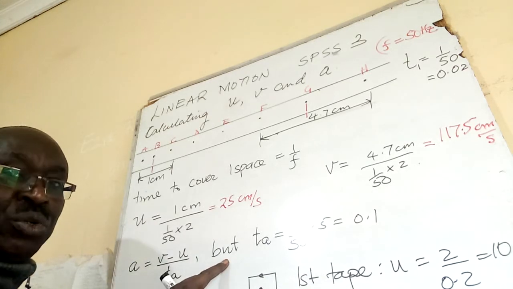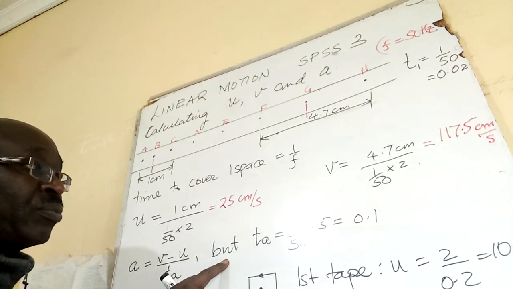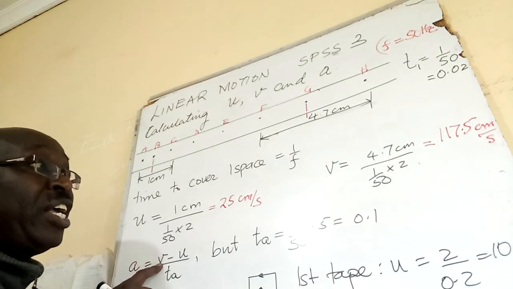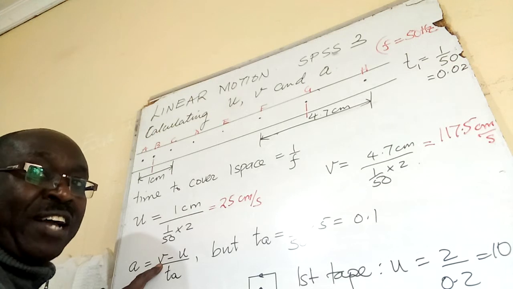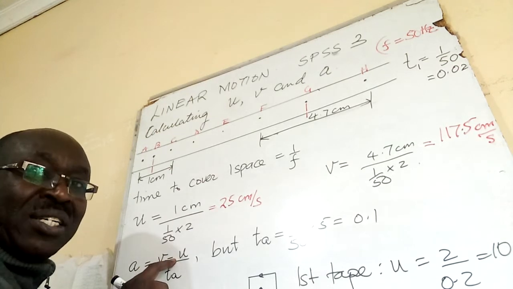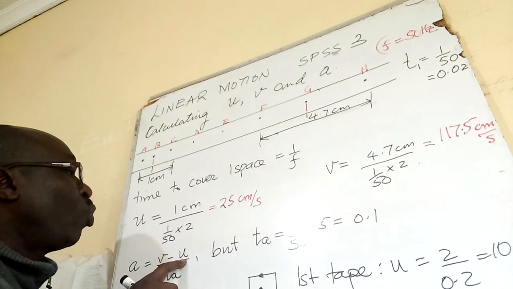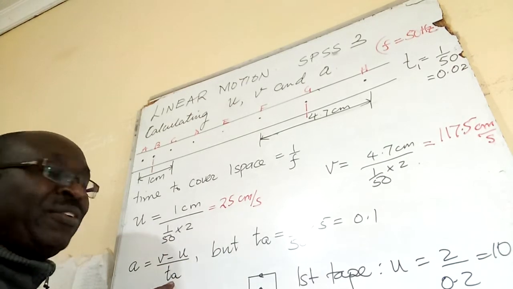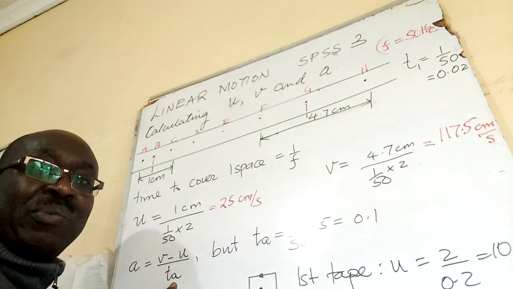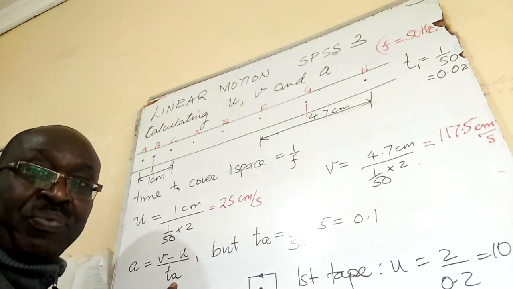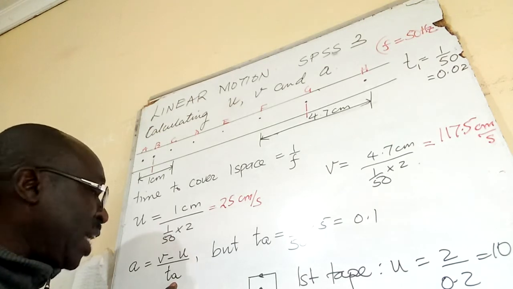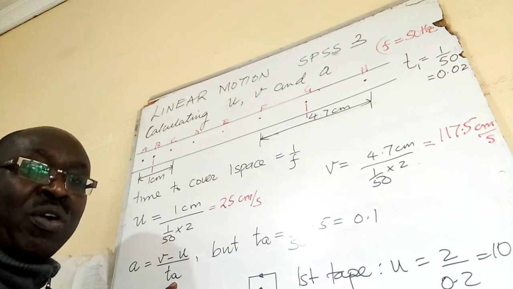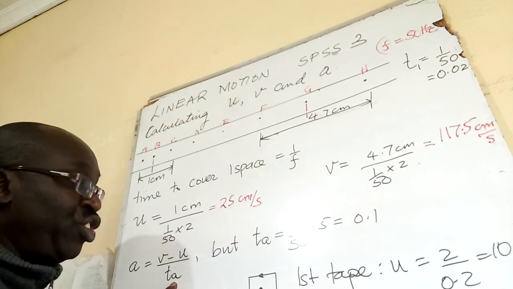When you substitute, you can get the V, 117.5 minus U, which is 25, divided by time taken for that change, which I symbolize as TA, time for that change.